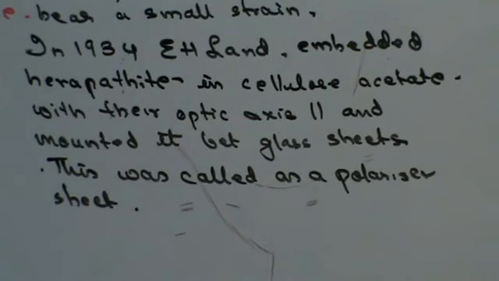Now, the Polaroids that we have nowadays are further classified into H Polaroids and K Polaroids. Polaroids which are prepared by stretching a thin film of polyvinyl alcohol about 3 to 8 times its original length by subjecting it to a very large strain are called H Polaroids. Due to this stretching, the complex molecules orient themselves automatically with their axis parallel to each other.